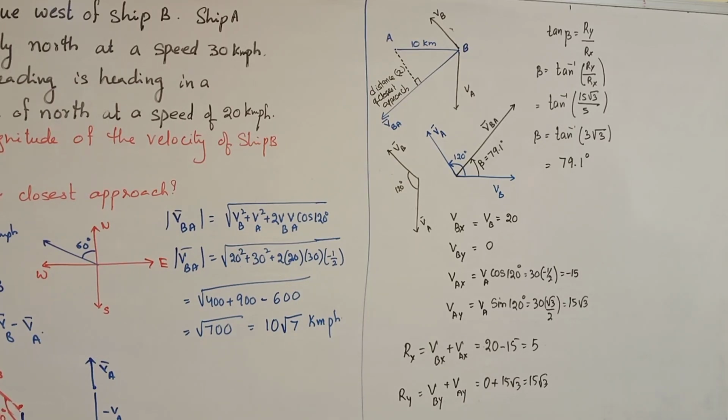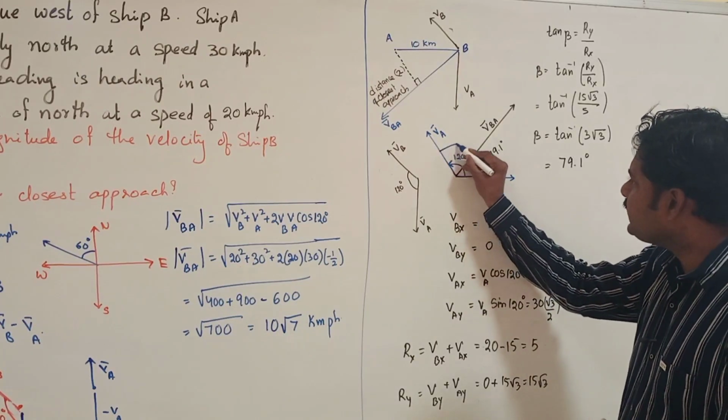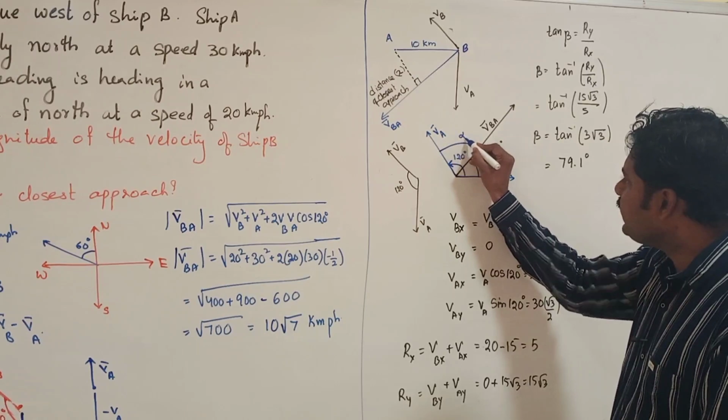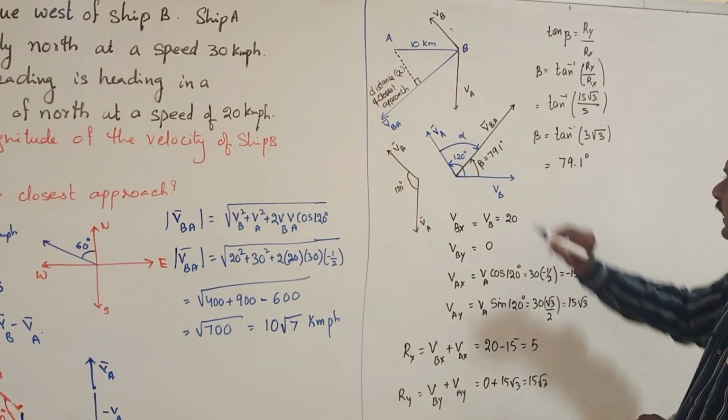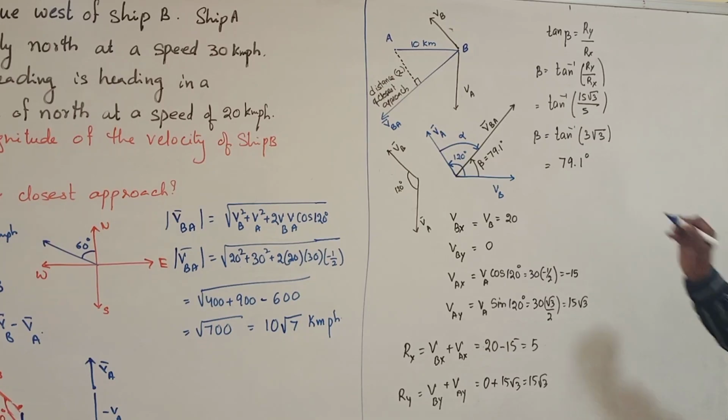Now how to calculate alpha? If you are taking the resultant vector from vector A as alpha, and beta is 79.1, then what is alpha?